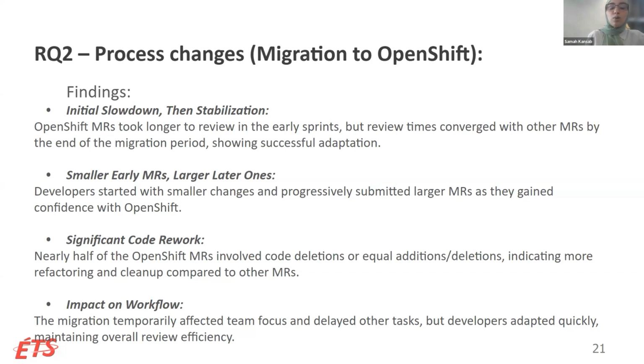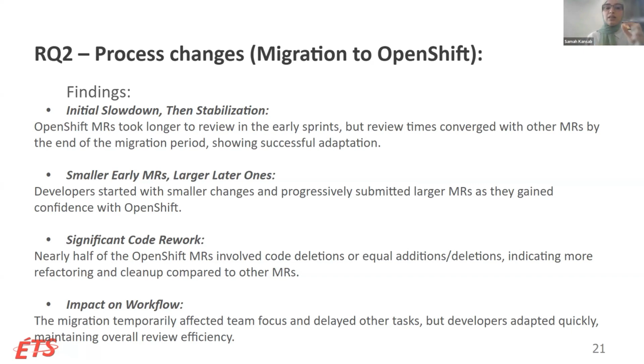Then in terms of merge request size, so the size of the feature or the code, we see that at the beginning people are just asking to review small merge requests, so just a few changes. Why? Because people are just at the beginning of the use of the new technology, so they are going step by step, like they are afraid to make large changes that can cause a lot of problems in the software at the end.